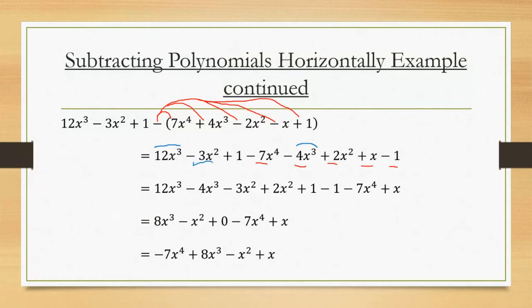Minus 3x squared, what can we combine with that? 2x squared. We're going to combine those two. 1, we're going to combine with minus 1. The only thing left is minus 7x to the 4 and plus x.